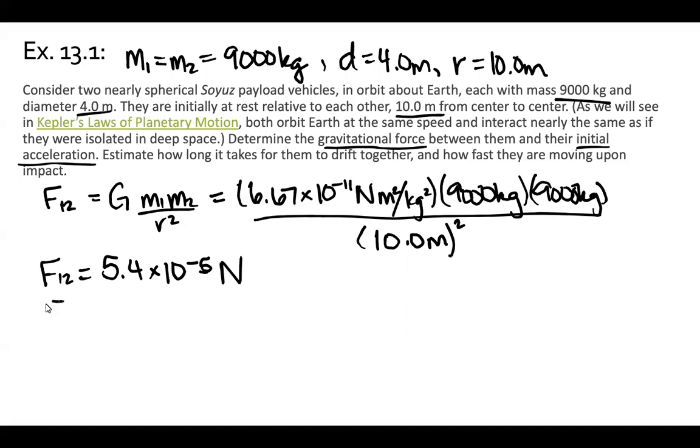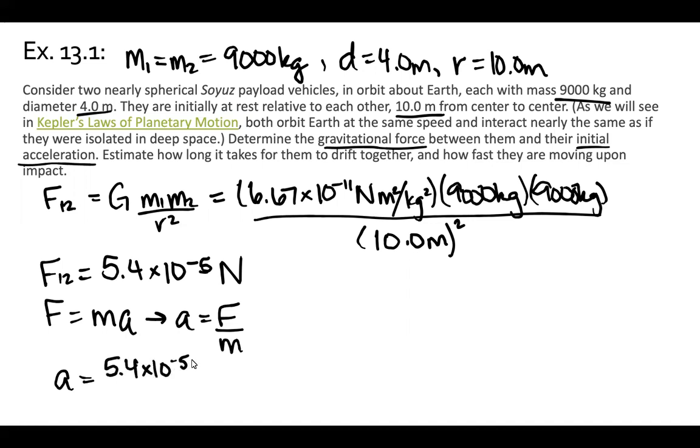Remember that F is equal to mass times acceleration. So we can solve for our acceleration by dividing by our mass: F over M. So our acceleration should be 5.4 times 10 to the negative 5th newtons over our mass, which is 9,000.